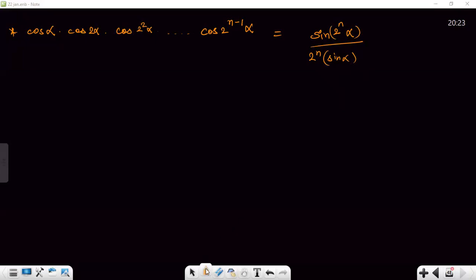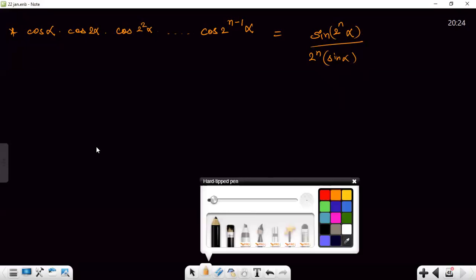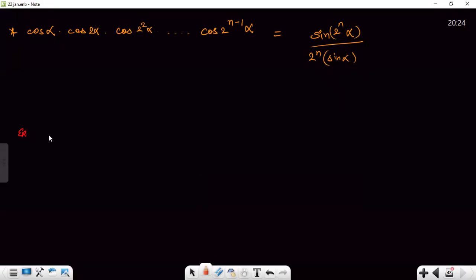Let's take an example. Cosine of 30 degrees, cosine of 60 degrees, cosine of 120 degrees, cosine of 240 degrees, and so on, up to 8 terms. This is what we need to find out.